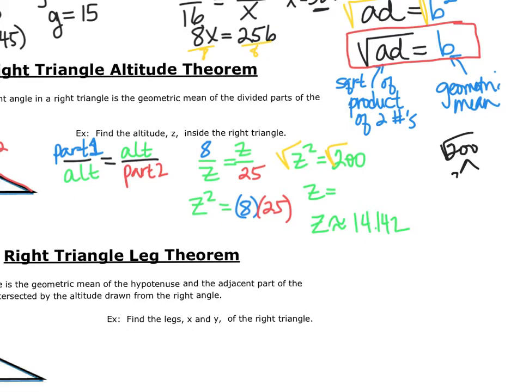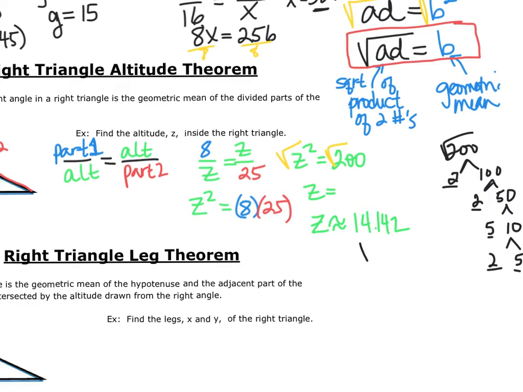I know 200 comes from 2 and 100. That's a prime. This is 2 and 50. 5 and 10. 2 and 5. Okay, so that's all prime factors.